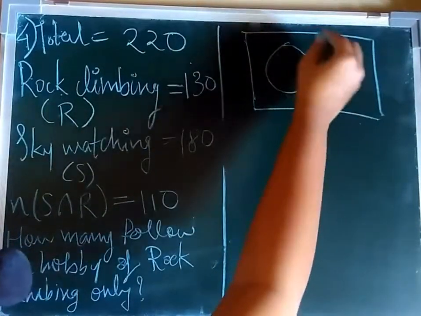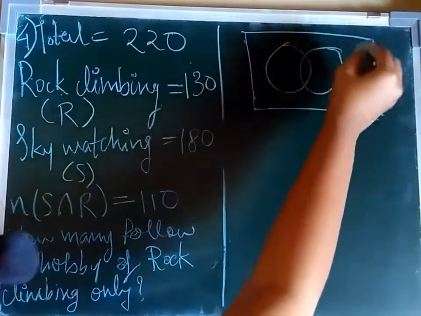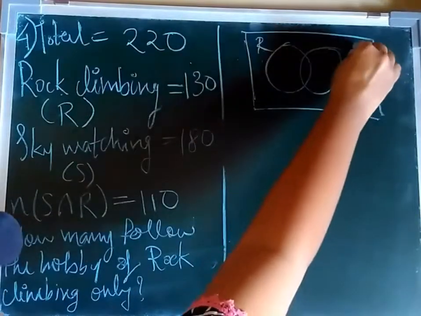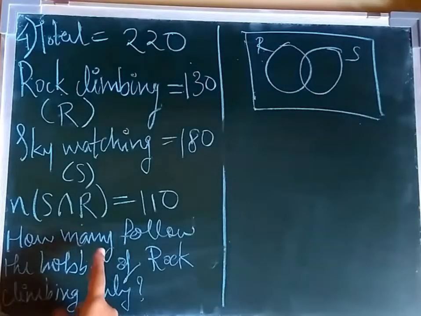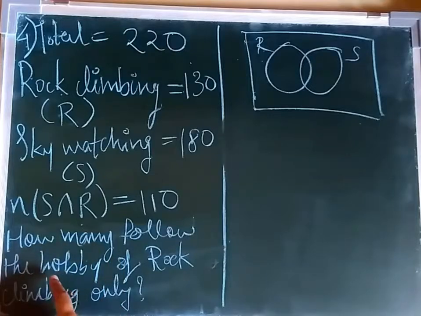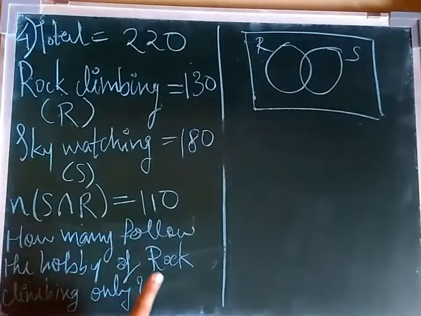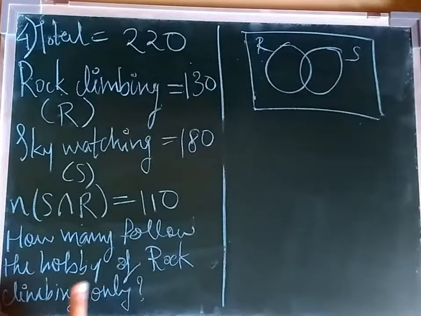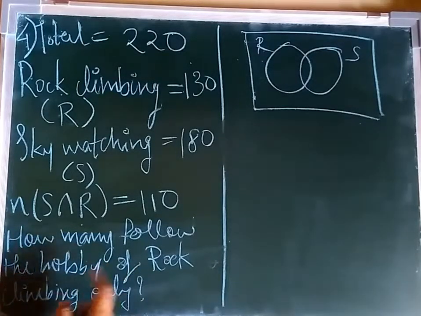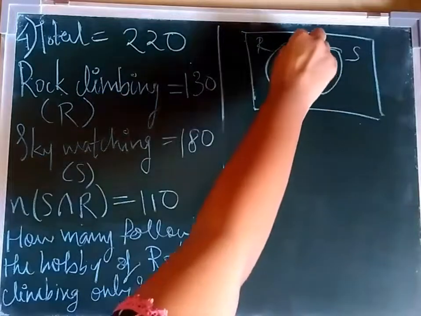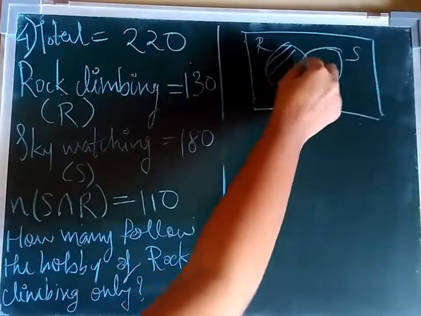Now this is the set of rock climbing and this is the set of sky watching, R and S. So we need to find the number of students who follow the hobby of rock climbing only. Means they should not follow sky watching and they should strictly follow only rock climbing. How many of such students? So that means we need to find this portion.